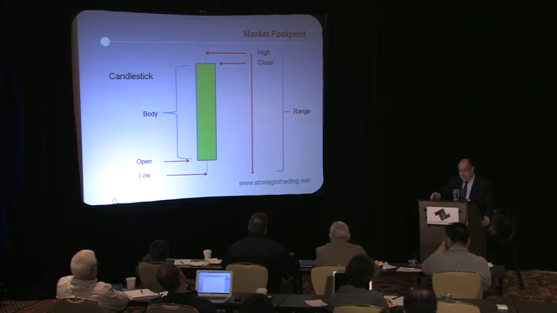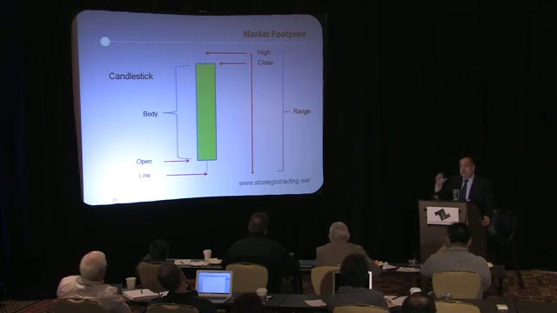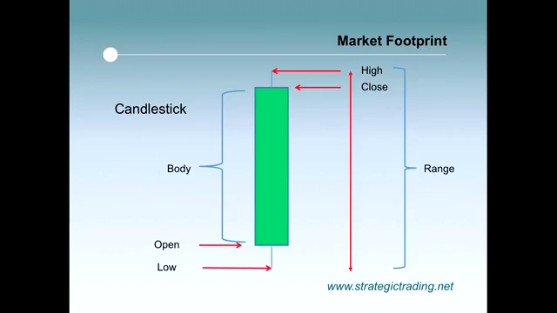All right, let's take a look at the range. Do we know anything about that range? Can we discern any information from that range? The high and the low, and also the ratio of the body to the range. That's important, by the way, for a candlestick.